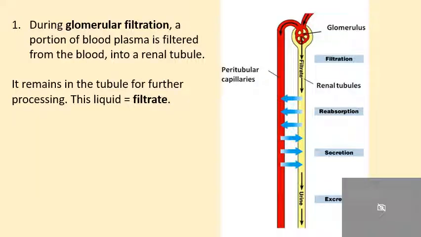So back to our schematic, our simplified nephron. During glomerular filtration, filtrate is produced. Filtrate is derived from blood.